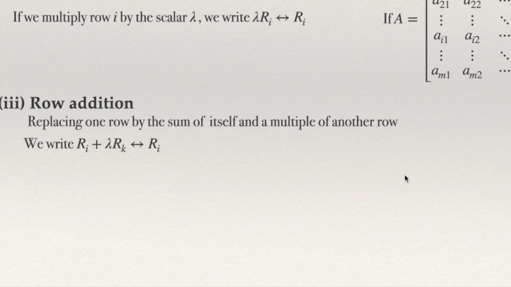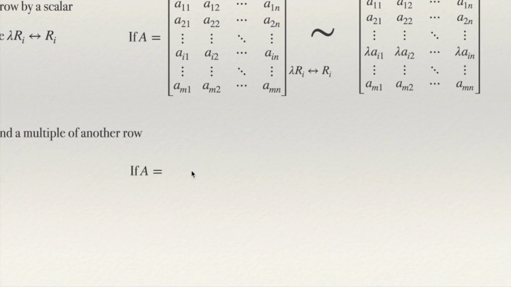a multiple of another row. For example, if we have again the same matrix, and we have one row that is row i, another row, row k, and we see beside this the operation Ri plus lambda Rk will be substituting Ri.